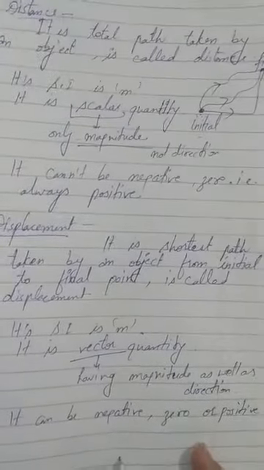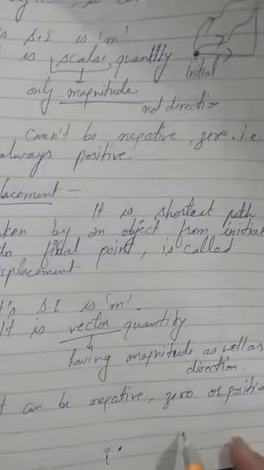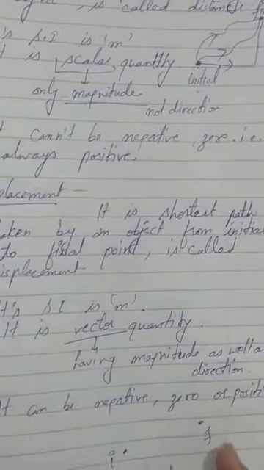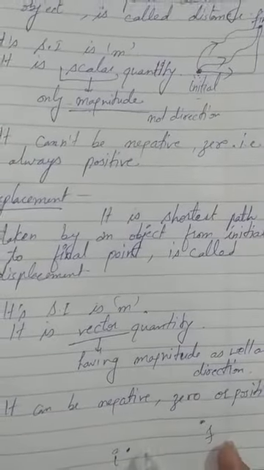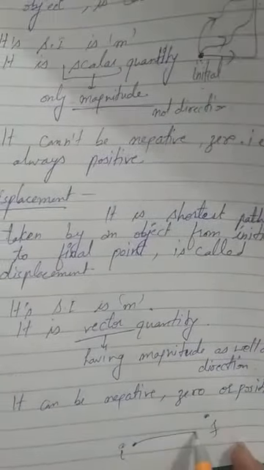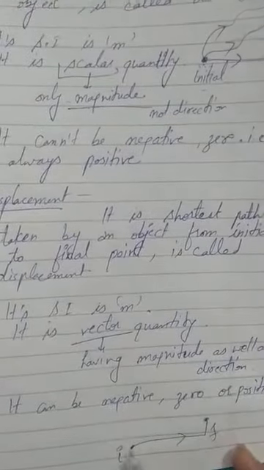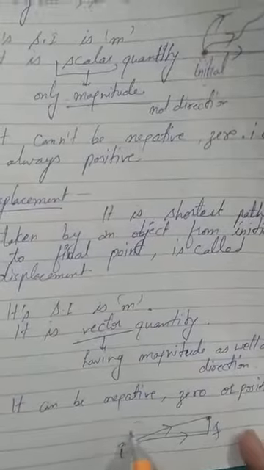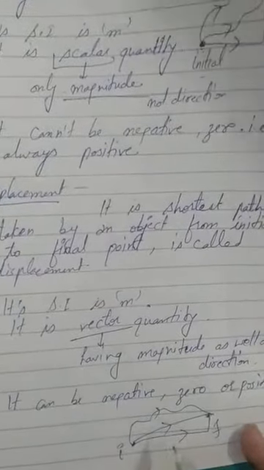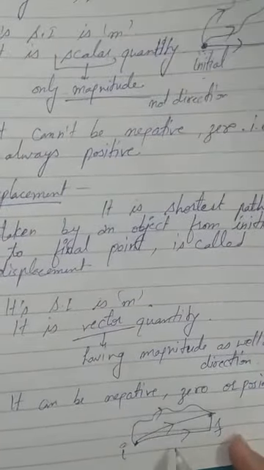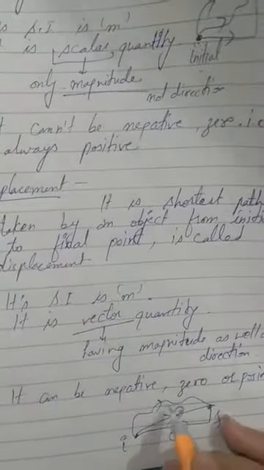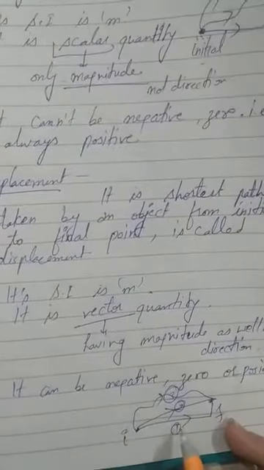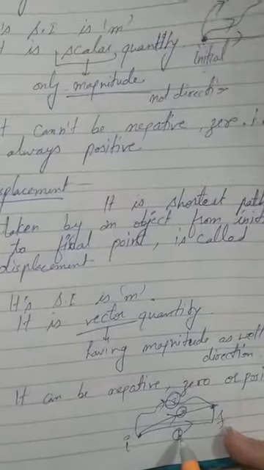For example, here is the initial point and here is the final point. There are different ways to go from initial to final: one way like this, another way like this, and a third way like this. So there are three paths. From all three paths, which one will be the shortest? That will be displacement.